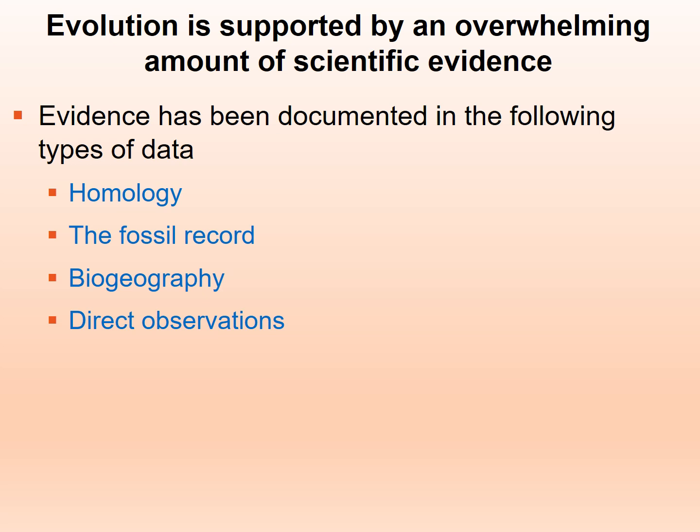We've covered the fossil record a couple of different times. Biogeography, remember that's tracking of continental drift and being able to identify fossils and species that have lived in any particular geographical area. And then direct observations: we see the effects of resistance to antibiotics and the example given with the soapberry bugs. All right, so that concludes chapter 22.